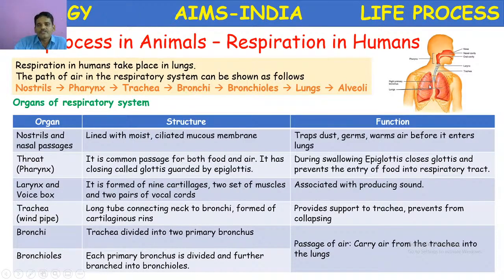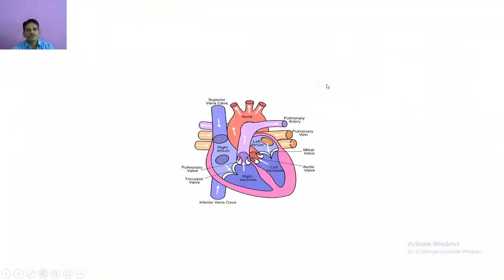And from the bronchioles, the air enters the alveoli, which are richly supplied with blood capillaries, where the exchange of gases takes place. Oxygen and carbon dioxide are exchanged in the alveoli with the blood. So this is the concept of respiration in human beings.